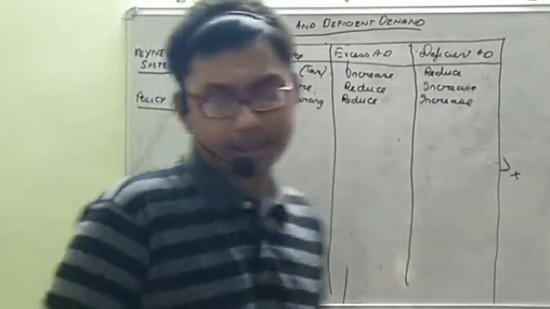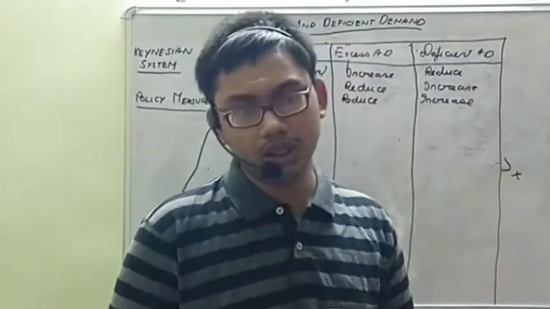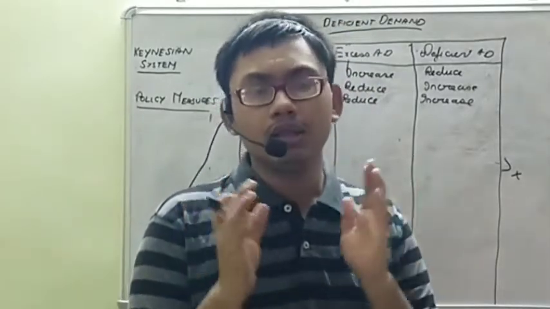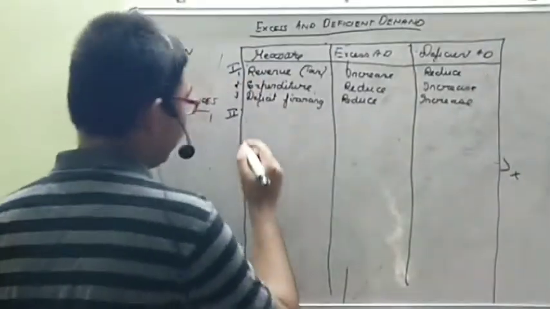Monetary measures are taken by the monetary authority. In case of India, it is taken by the Reserve Bank of India. Here, there are two kinds of measures. First is the quantitative measures.